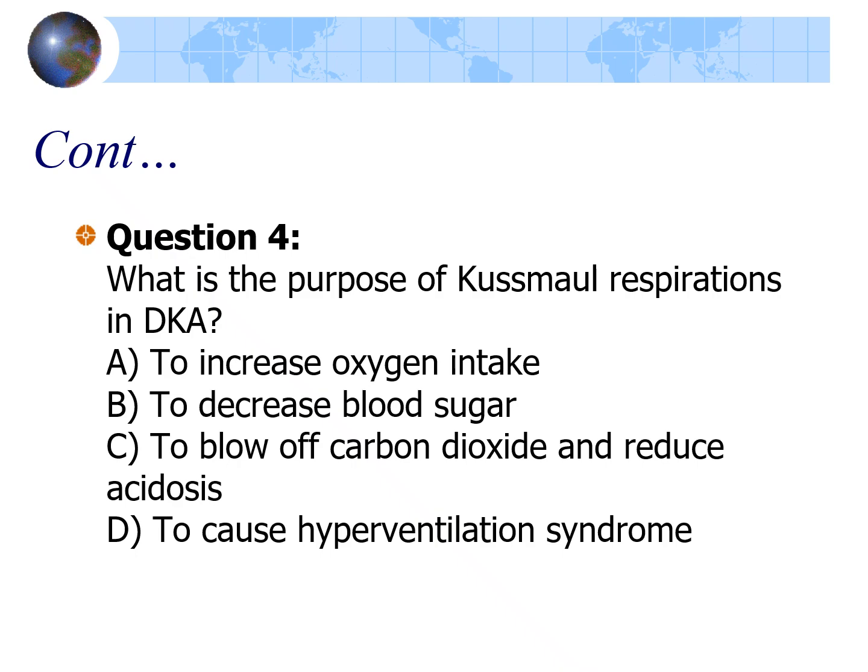Pause the video, find the answer. Okay, the answer is C, to blow off carbon dioxide and reduce acidosis. Kussmaul respirations help the body compensate for acidosis by removing carbon dioxide, a component of acid in the blood.